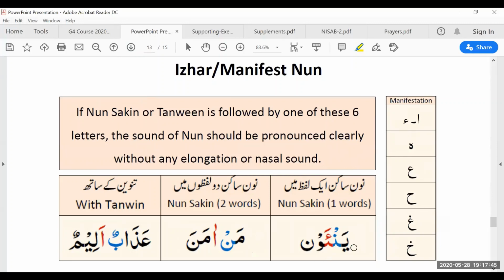So here, yan'aun. Okay, so the sound of noon is completely clear. Man amana, azabun alim. Okay, so the 6 letters are alif, hamza, ha, ain, ha, ghain, and kha.